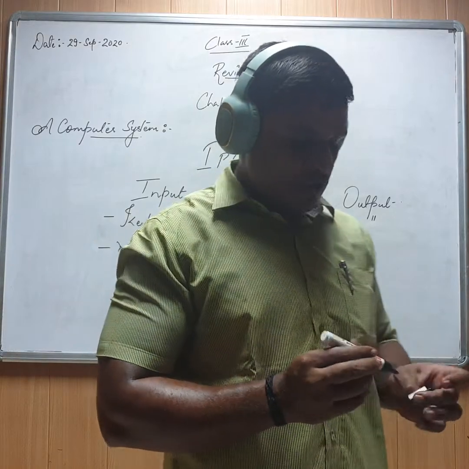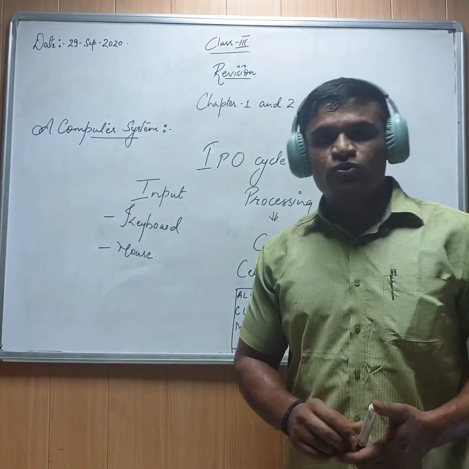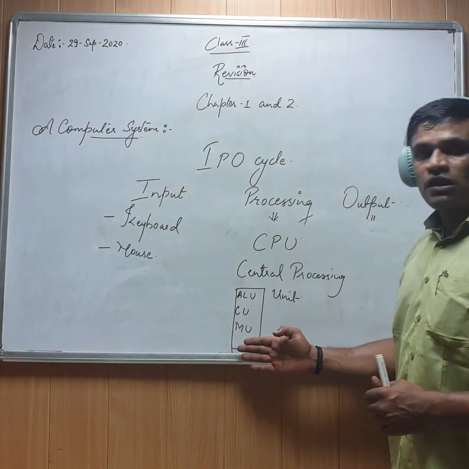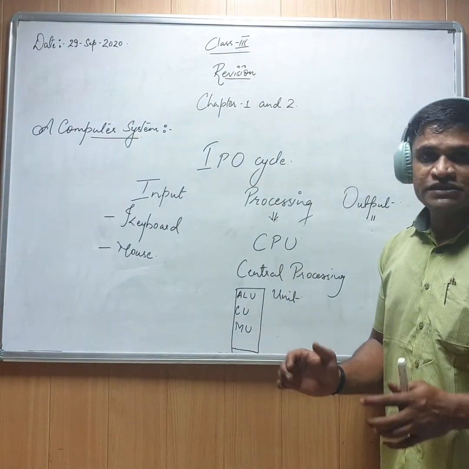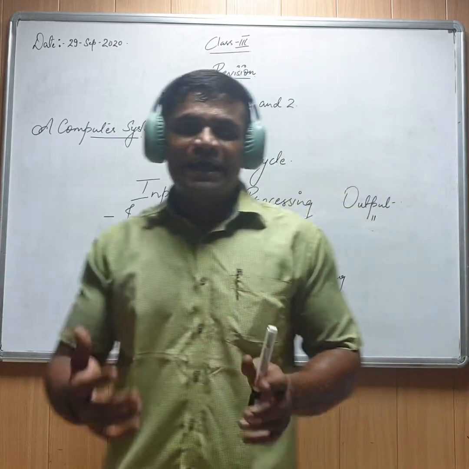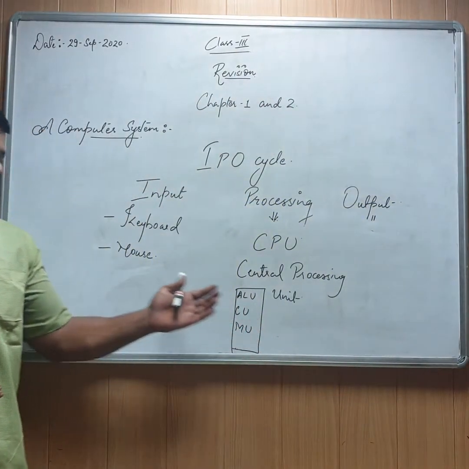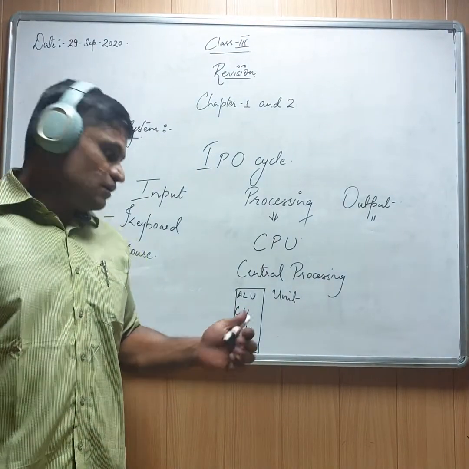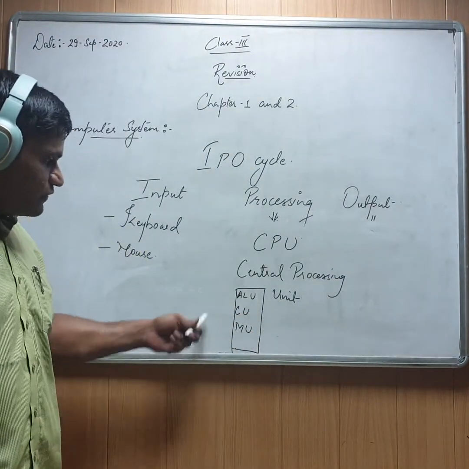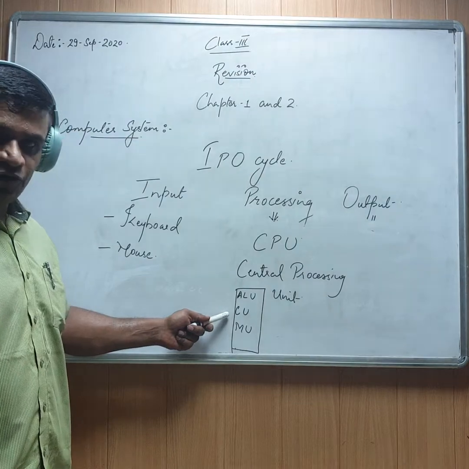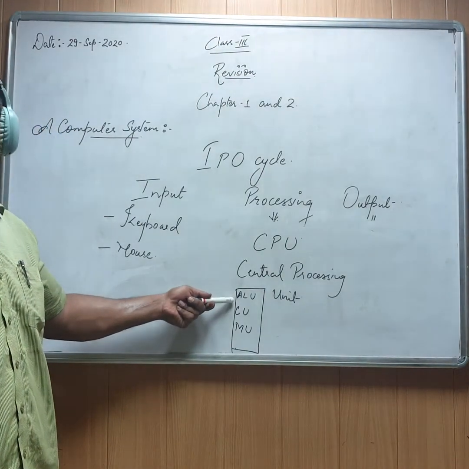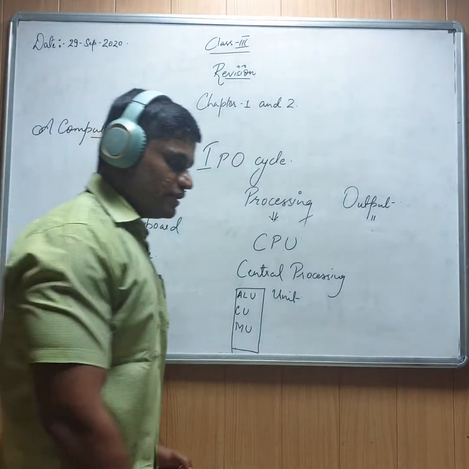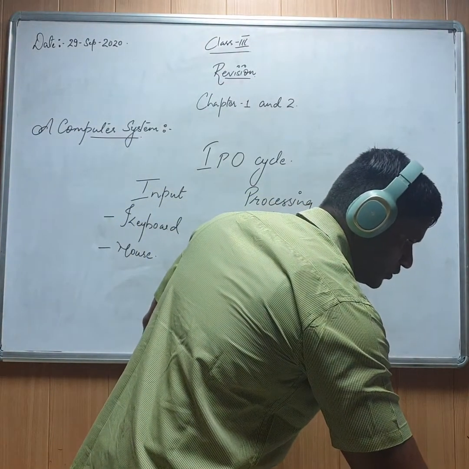Before calculating or processing, the computer stores the data in its memory unit, and as per its requirement, it retrieves the values from the memory unit. All this work is controlled by the control unit, and the calculation, comparison, and processing work is done by the ALU, the arithmetic and logic unit.